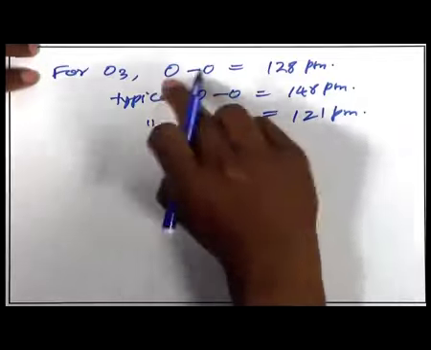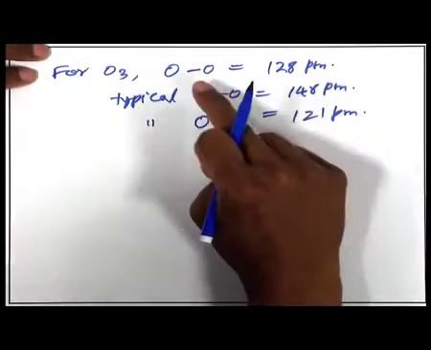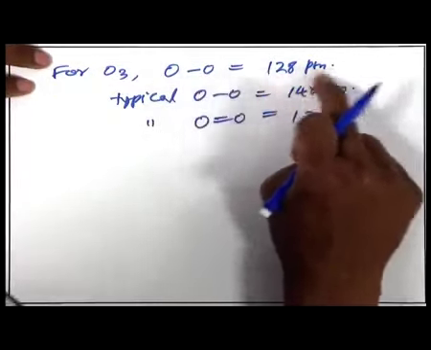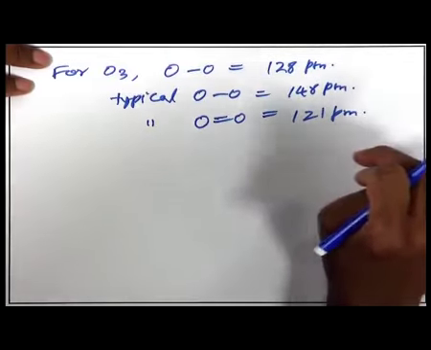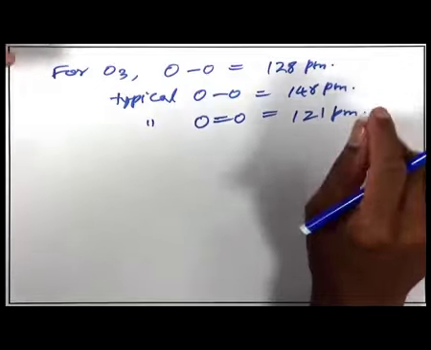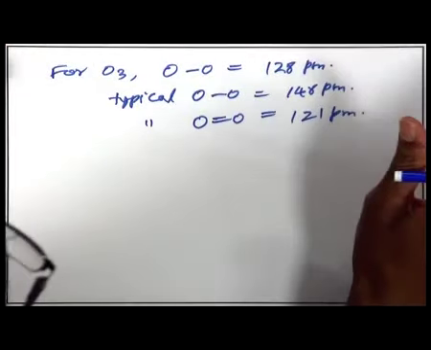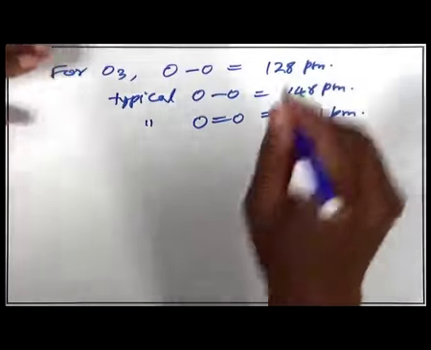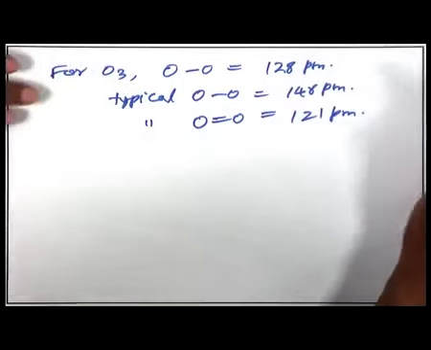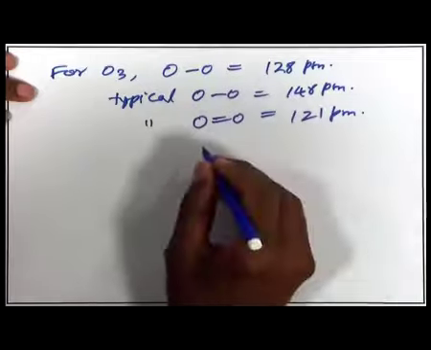The experimentally observed OO bond distance in O3 is 128 picometer, which lies between these two values. That means it is not a single bond, it is not a double bond, it is in between. The bond order is a concept we will see later on. The bond order is 1 and a half.